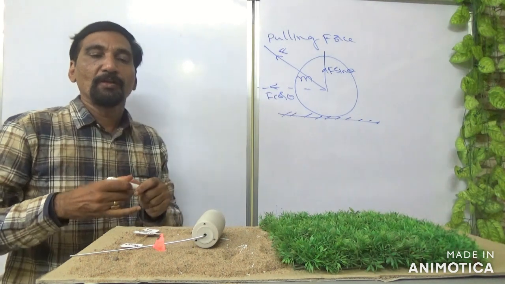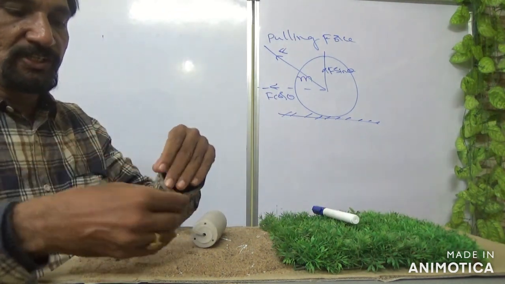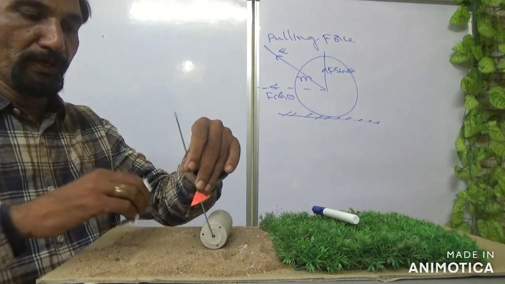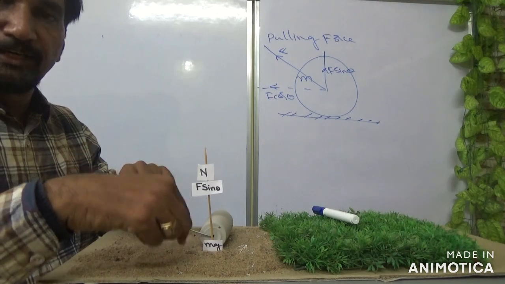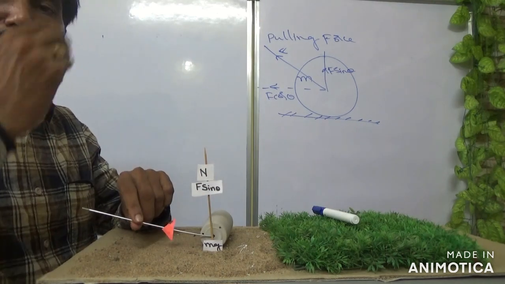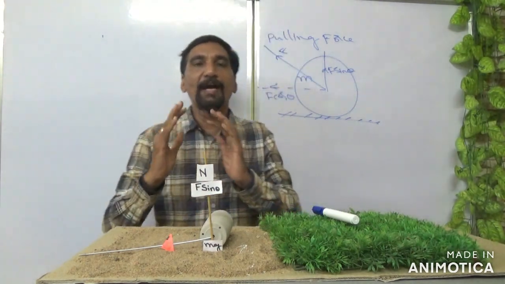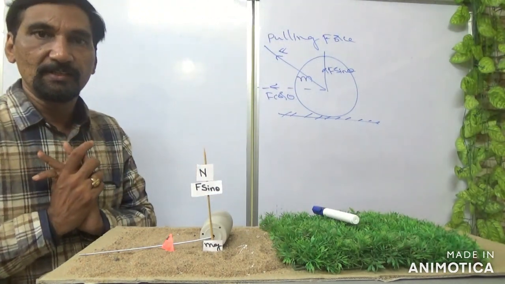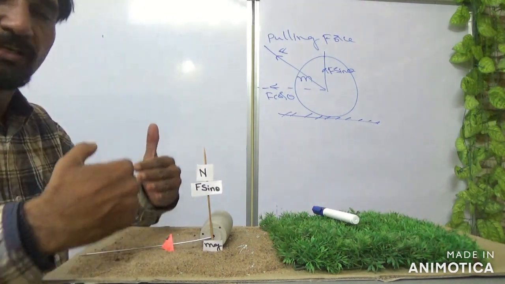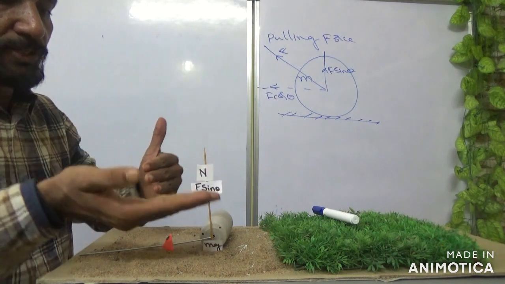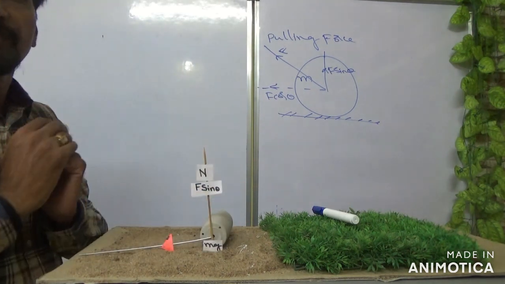Whenever a body is kept on the ground, its weight is always acting downwards. So weight acts downwards, normal reaction upwards. According to Newton's third law, for every action there will be an equal and opposite reaction. When a force is acting downwards, its weight, the reactive force, the normal reaction, acts upwards.